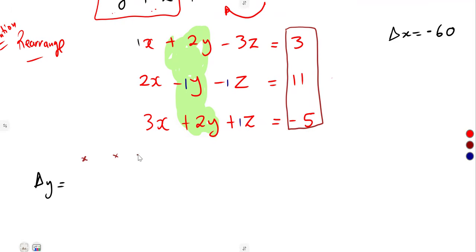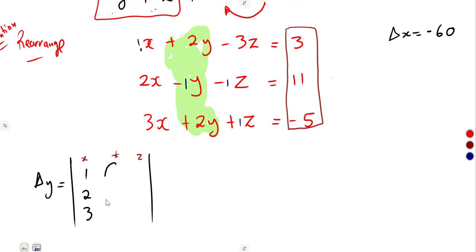X and Z will remain as they are. But Y is affected, we have to replace it with constants. Do not forget the concept. So this is it, delta Y. X is just going to remain as it is, the coefficients 1, 2, 3 as they are.